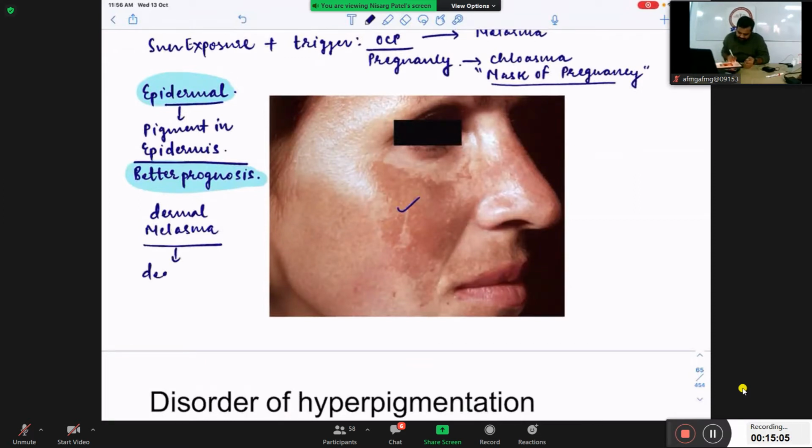It has deep pigmentation because the melanocyte is sending melanosomes in all directions, epidermis and dermis. So deep pigment, and it has a poor prognosis.